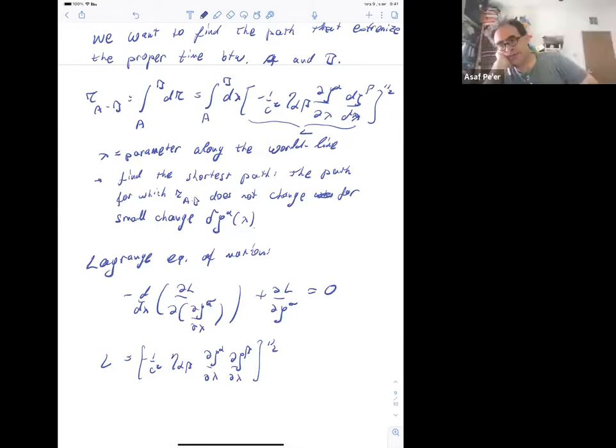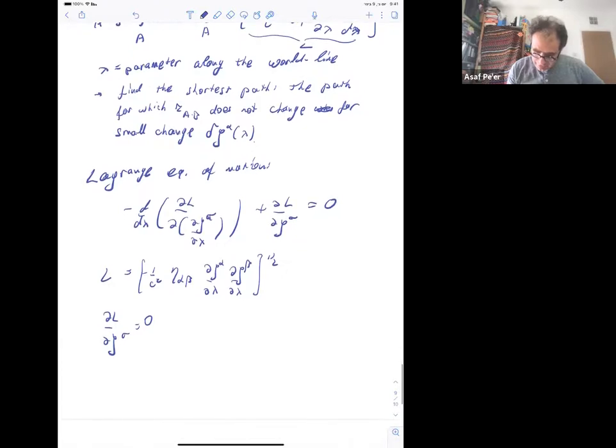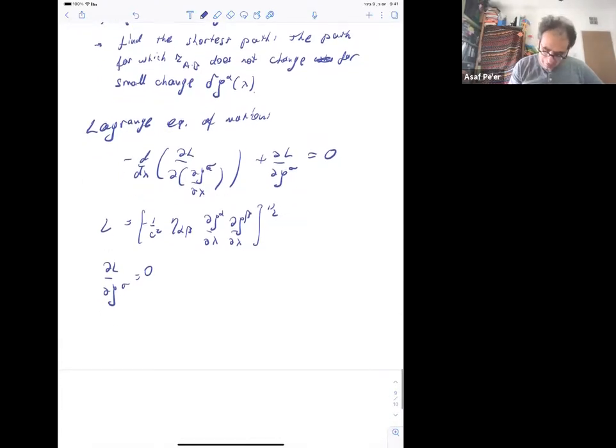L is not a function of psi, just of the derivative of psi, right? So dL over d psi is 0. So the equation of motion, if this is L, we are just left with d over d lambda of dL over d psi sigma dot.